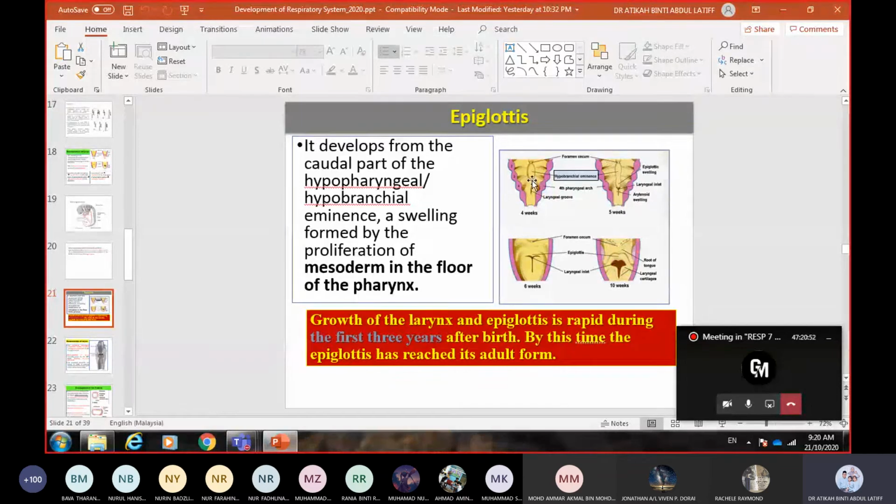You can see from here 4 weeks, 5 weeks, and then finally it moves more to the side, and then finally it becomes the epiglottis that we have, at 10 weeks.